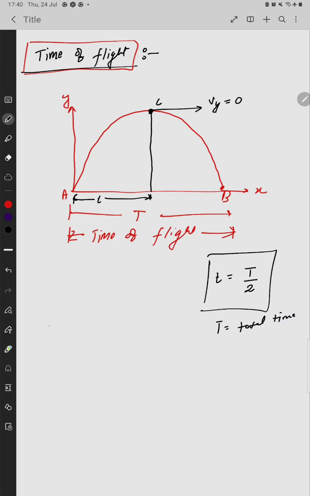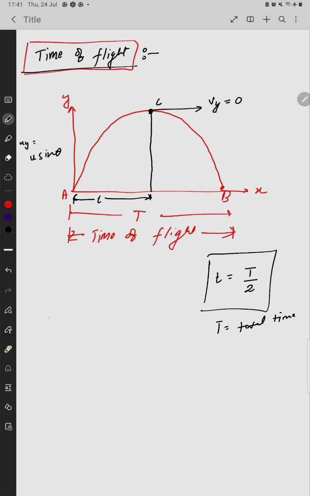So now, what we can do here, you see please. Here this is u sine theta, so uy is equal to u sine theta. Now let us have a look.